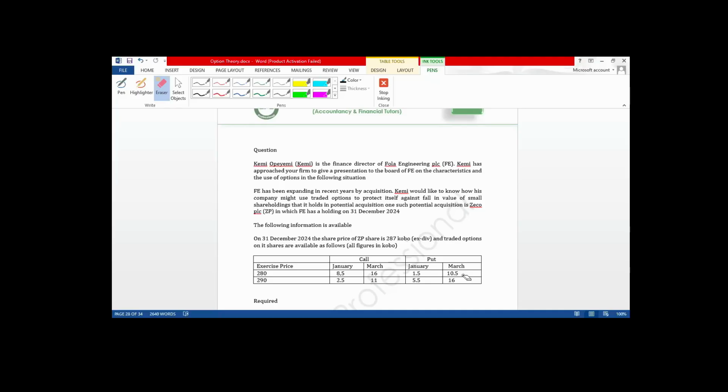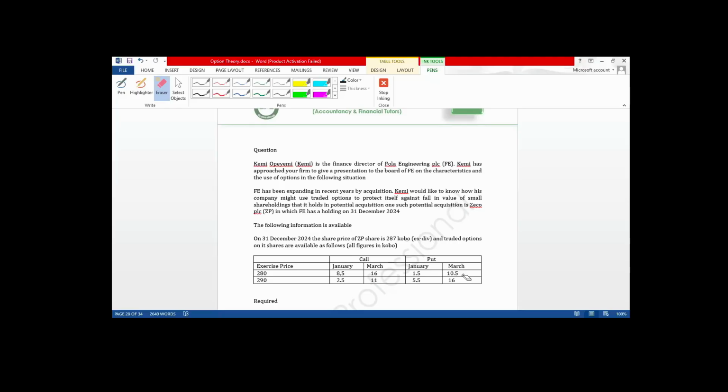One such potential acquisition is a company in which Solar Engineering owns a shareholding.